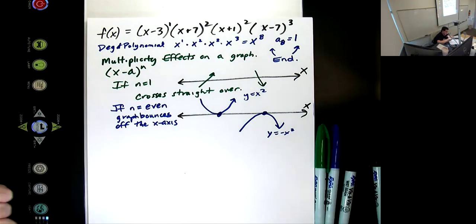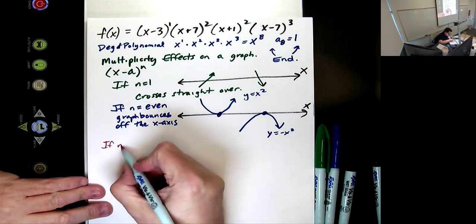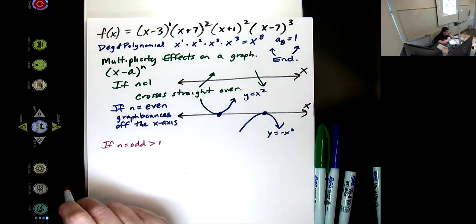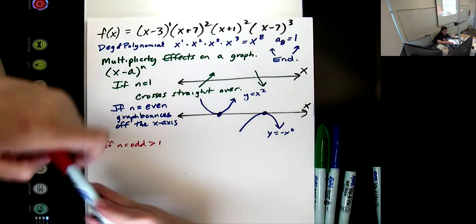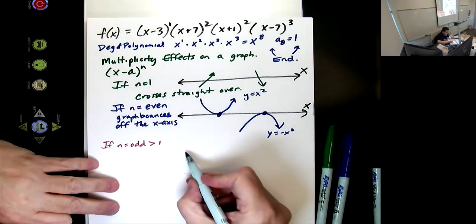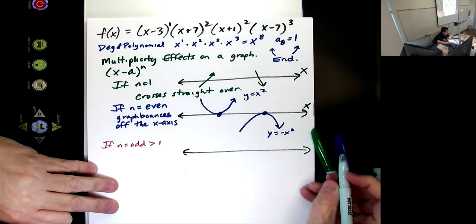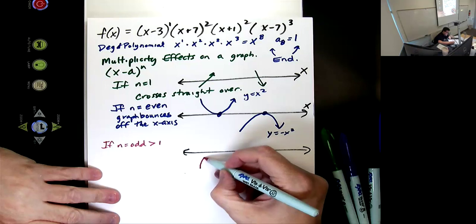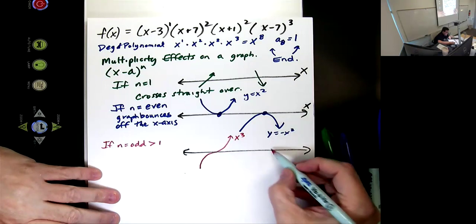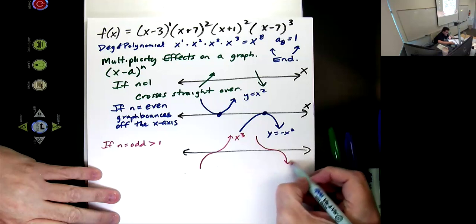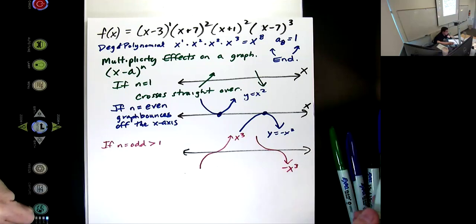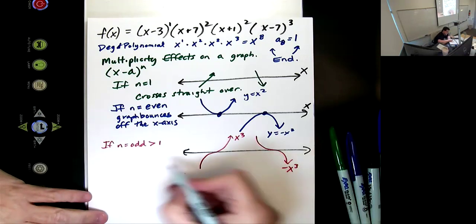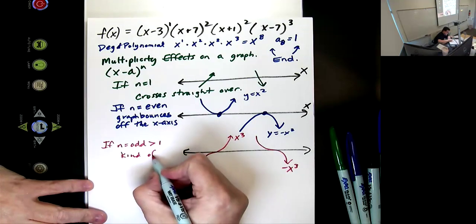All right, and if n is odd, greater than 1, what does x cubed look like going across the axis? X cubed kind of does something like that, and negative x cubed kind of does something like that. The way I would describe this, and this is for any odd exponent that's greater than 1, it kind of wiggles or shimmies across.